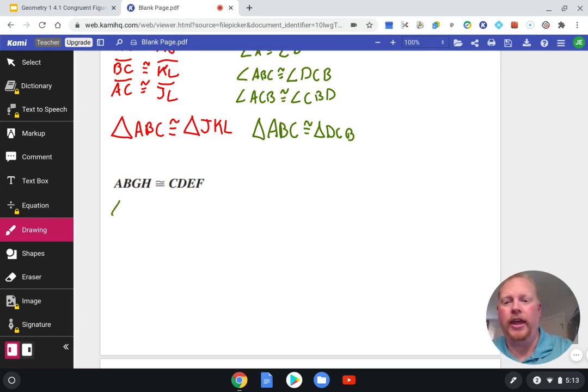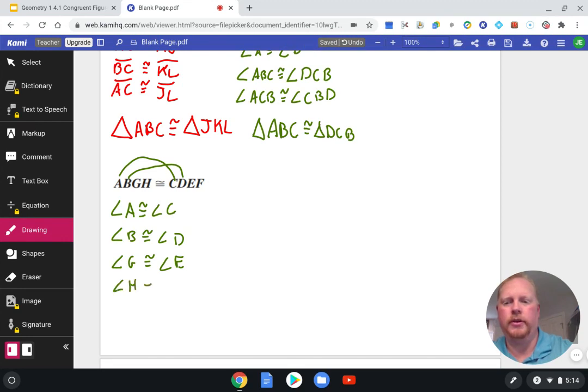So when I had angle A, that should be the same as angle C. And then angle B should be the same as angle D. And then the third letter is G. So that should be the same as angle E. And the last letter is H. So that should match angle F. So there I listed all the angles without even seeing a diagram. So that's why order matters when you're making your congruence statement.